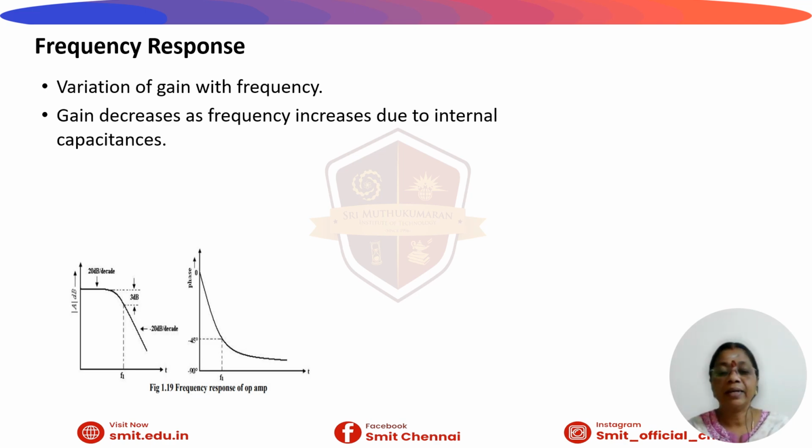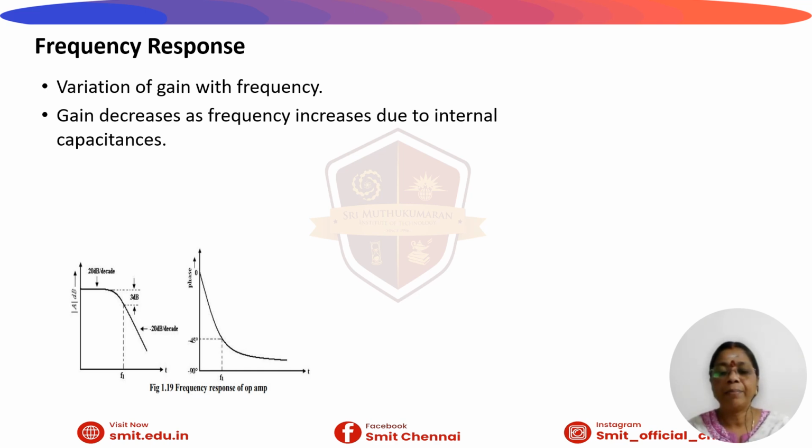Beyond the corner frequency, the gain decreases at a constant rate of minus 20 dB per decade or minus 6 dB per octave. When you add negative feedback to create a practical amplifier, you trade the gain for increased bandwidth.